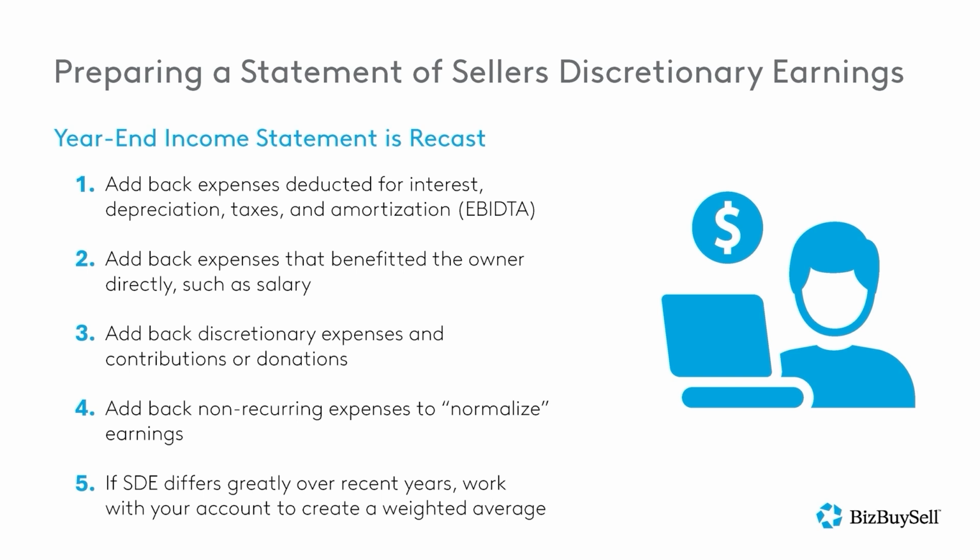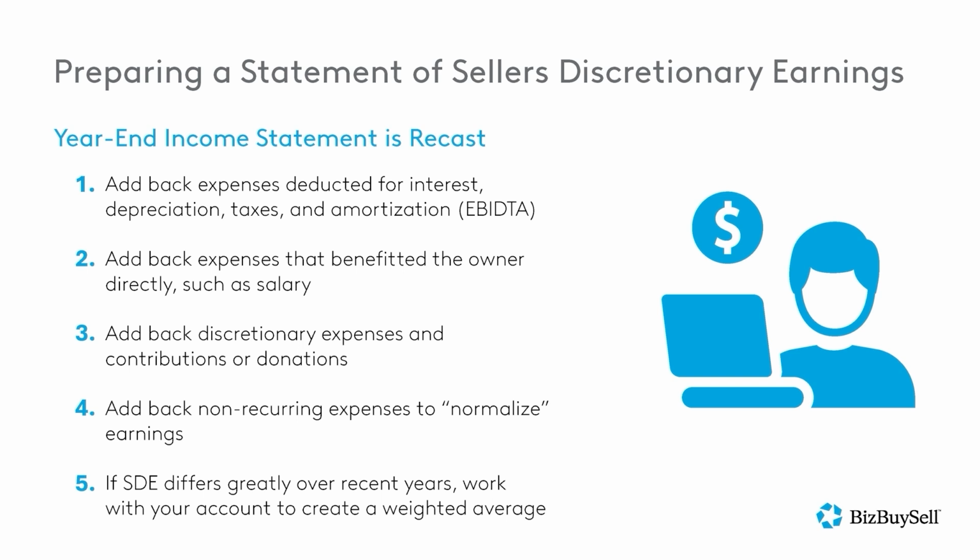Add back expenses that benefited the owner directly, such as owner's salary and benefits, insurance, and auto use. 3. Add back discretionary expenses and contributions or donations that another owner might choose not to incur. 4. Add back non-recurring expenses to normalize earnings by excluding unusual and one-time transactions of the business.